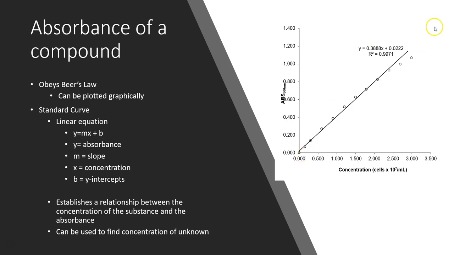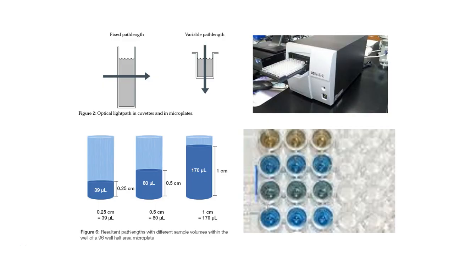So once you have a standard curve of concentration of yeast cells per mL versus absorbance, I can be given an unknown sample of yeast suspension, look at its absorbance, and then use the equation to plug the absorbance in for y and solve for x to get the actual concentration of my unknown sample.